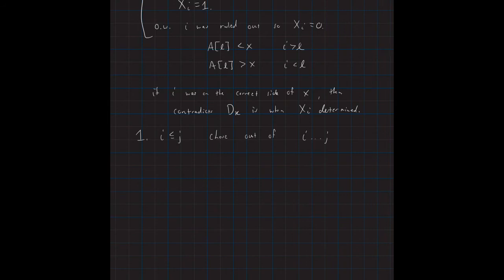So in total, there are a total of j minus I plus 1 possible indices we could have picked out of this range, and we chose exactly I. So that happens with probability 1 over j minus I plus 1.